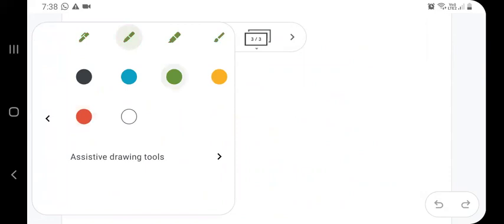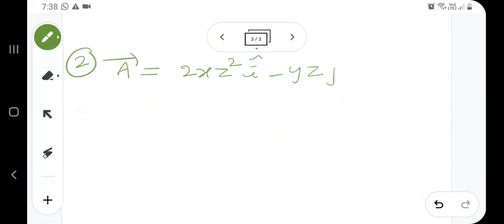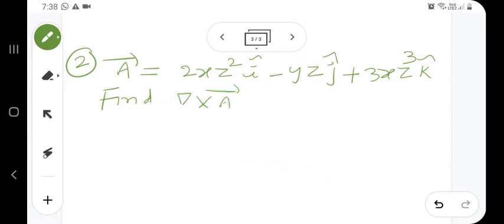Now the second problem: a bar is equal to 2x z square I cap minus yz j cap plus 3x z cube k cap. Find del bar cross a bar at the point (1, 1, 1).